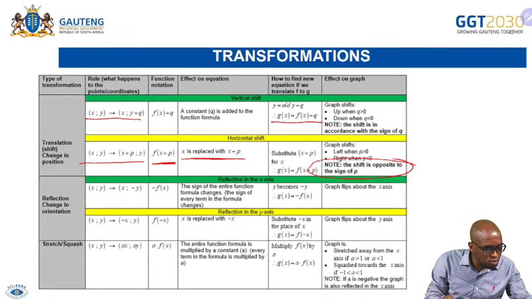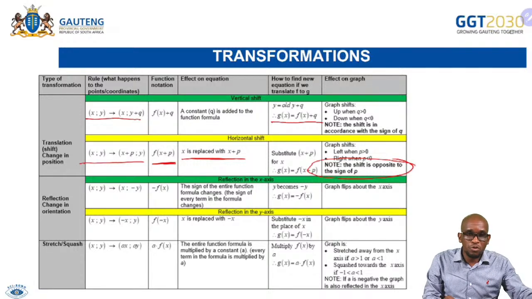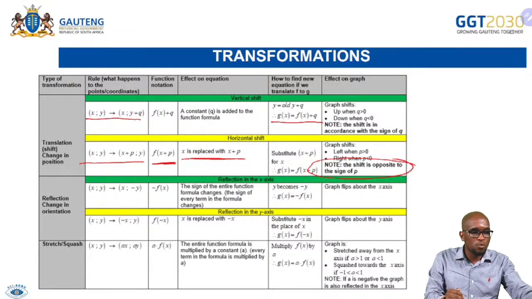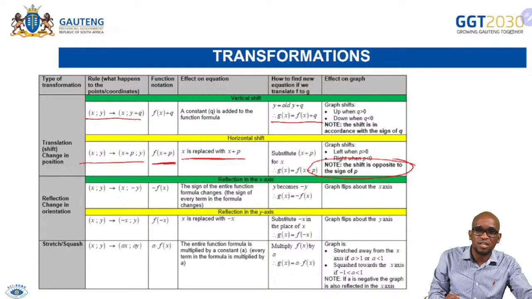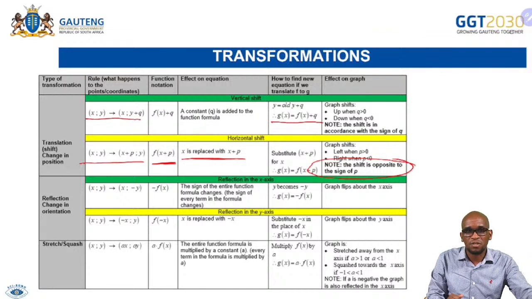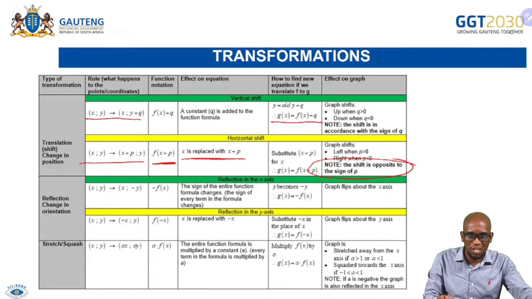Now, let's move on to reflection. You reflect about the x-axis or about the y-axis. If you reflect with respect to the x-axis, y becomes negative. If you reflect with respect to the y-axis, x becomes negative.